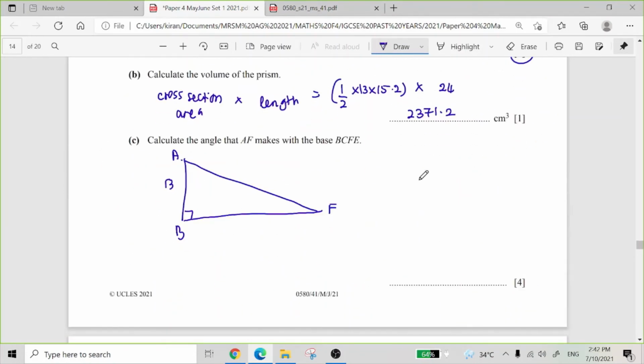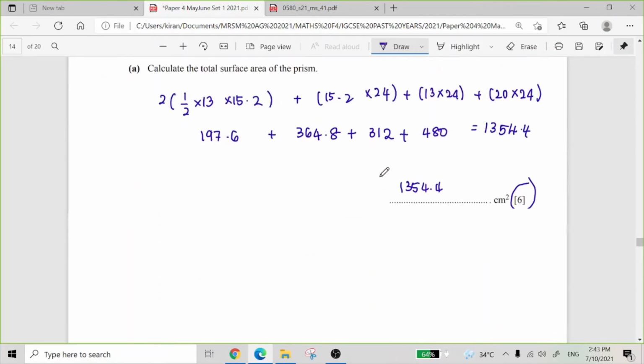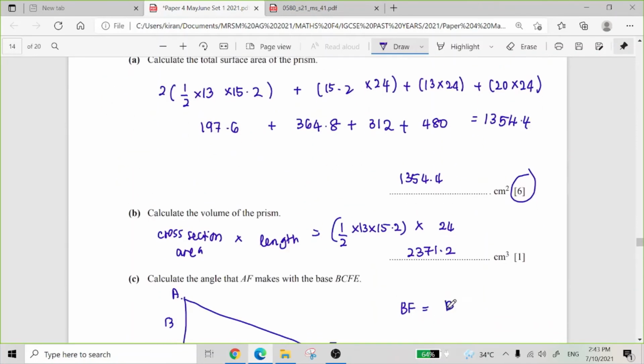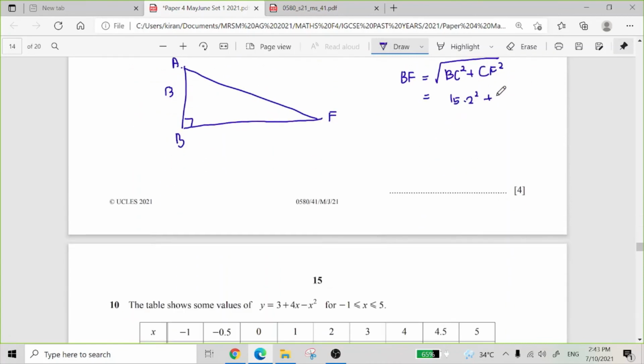So we calculate BF using BC square plus CF square, and then we square root it. BC we already have just now, which is 15.2 squared, plus CF, which is 24 centimeters squared.